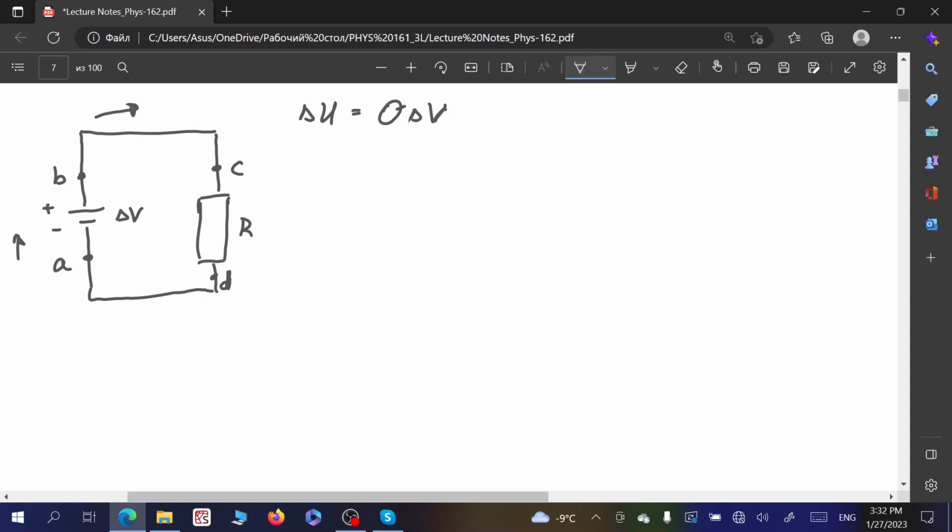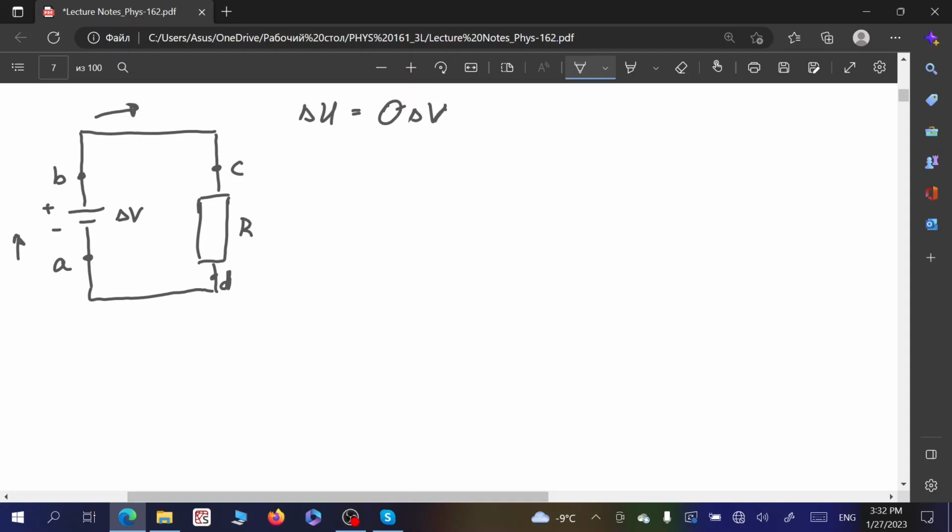Why? You can consider it from the point of view of the microscopic nature of electrical conductivity. Charge carriers need to move through this resistor, this conductor, and they will interact with the crystalline structure of the material of this conductor. They will start to push the atoms in the crystalline structure left and right. They start to vibrate.